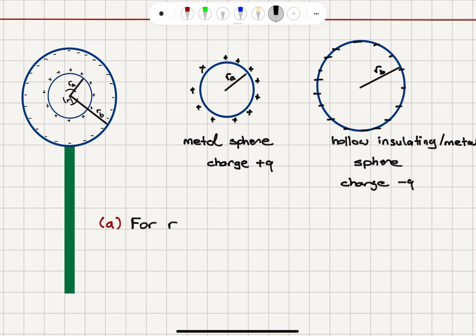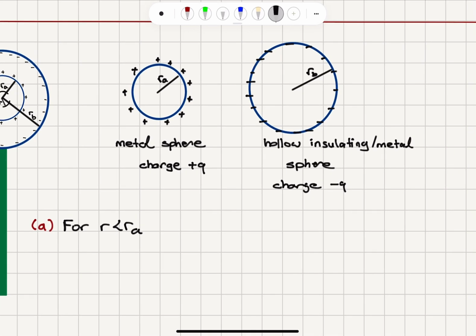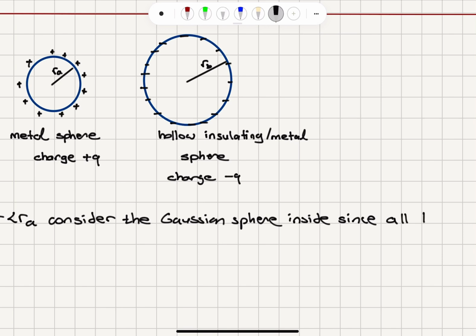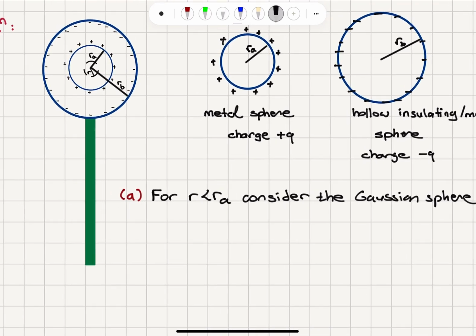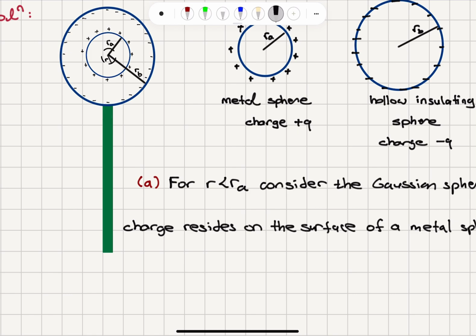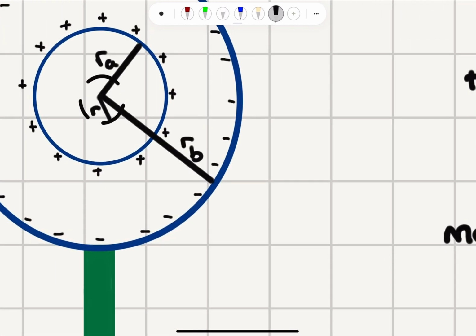For r less than r sub a, if I consider the Gaussian sphere inside, I know that since all the charge resides on the surface, this is for the case of a metal sphere, I have the charge enclosed by this Gaussian sphere, which is this sphere here.